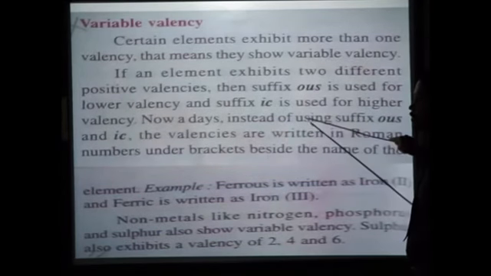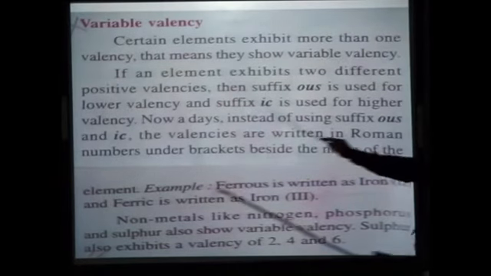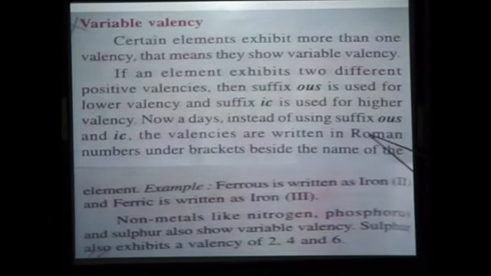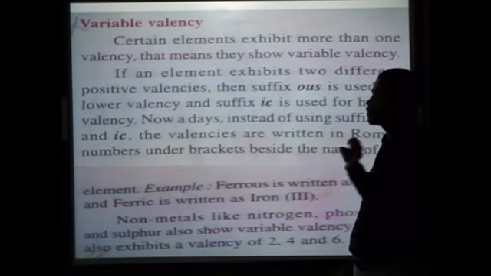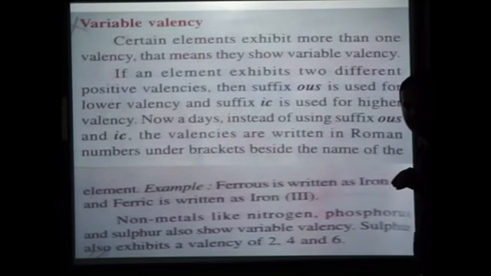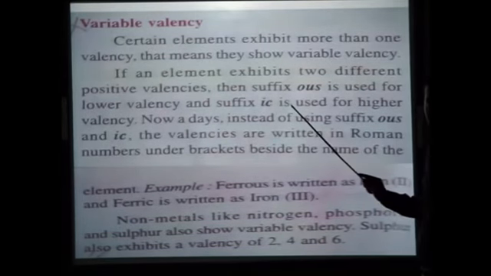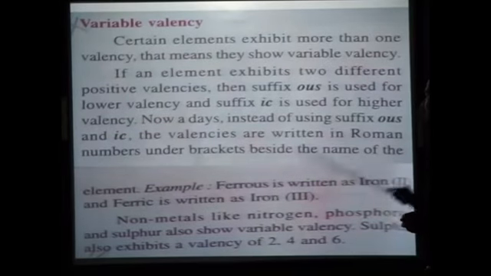Nowadays, instead of using the suffixes OUS and IC, the valencies are written in Roman numerals in brackets beside the name of the element. In order to reduce the confusion of OUS and IC, IUPAC has given a very nice way of writing higher and lower valency using Roman numerals.